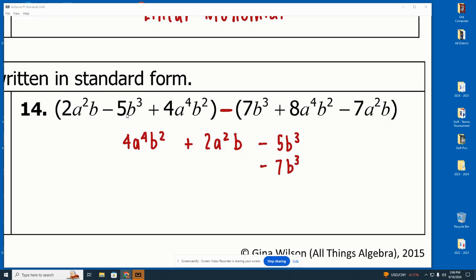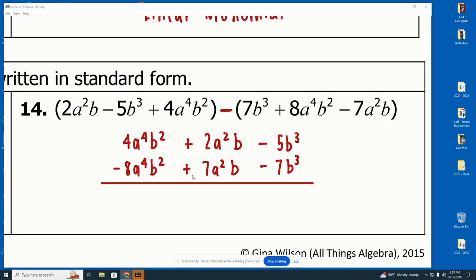Positive 8a to the 4th b squared becomes negative 8a to the 4th b squared, and it's going to fall underneath the 4a to the 4th b squared. And then negative 7a squared b becomes positive 7a squared b, and it falls underneath its like term as well. So there they are. They're all stacked now on top of their like terms.